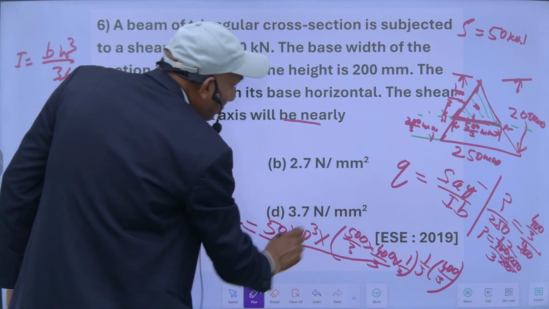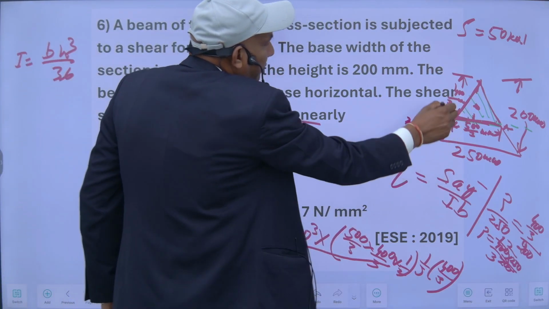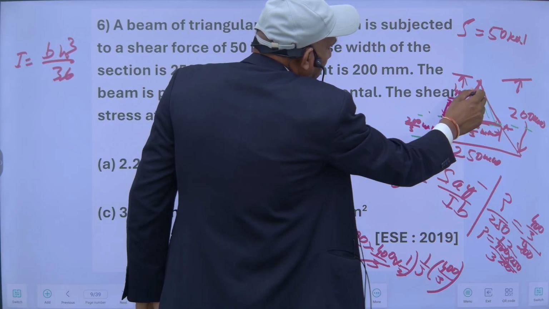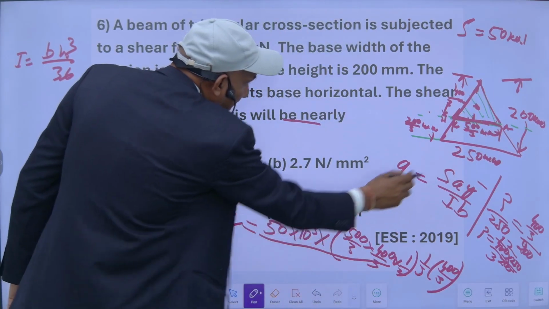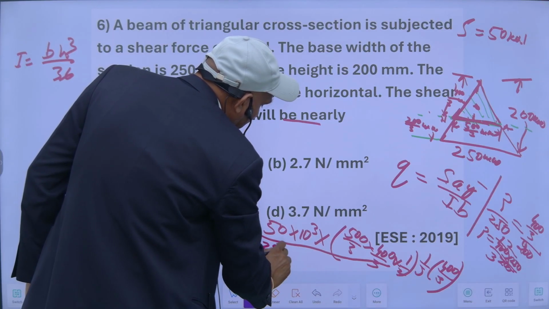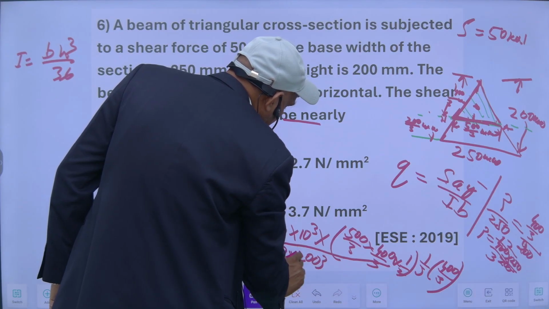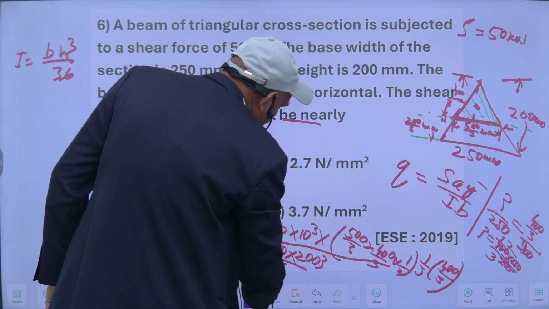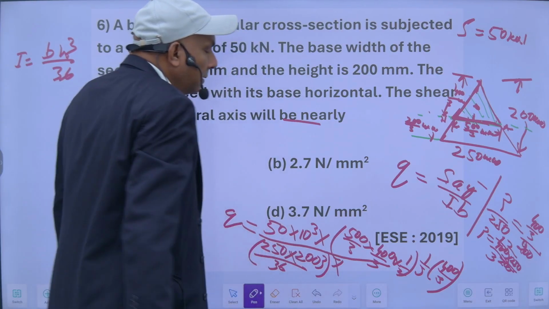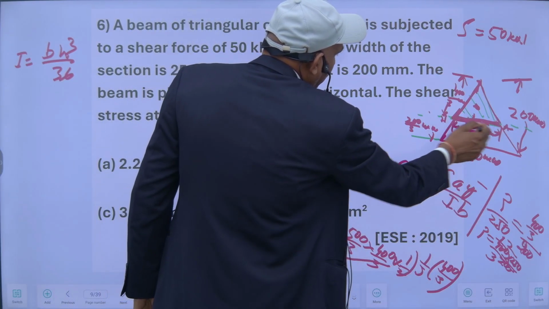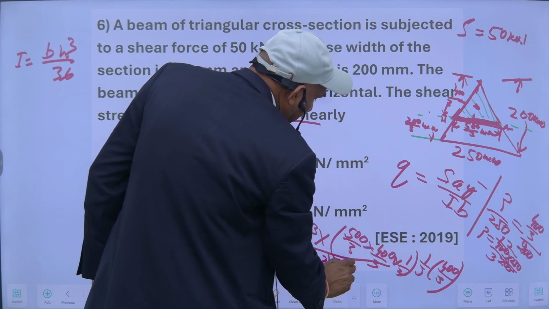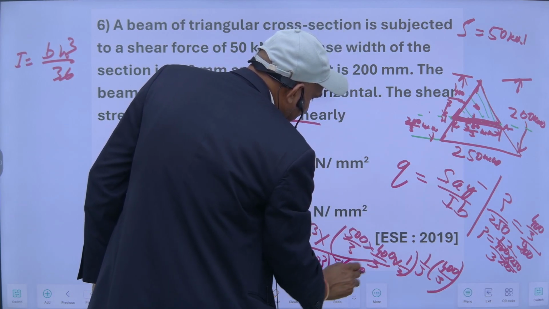So I is equal to this moment of inertia of the whole portion. This will be b into h cubed, with h equal to 200, upon 36. So this is the I into b. b is the width, this is 500 by 3.